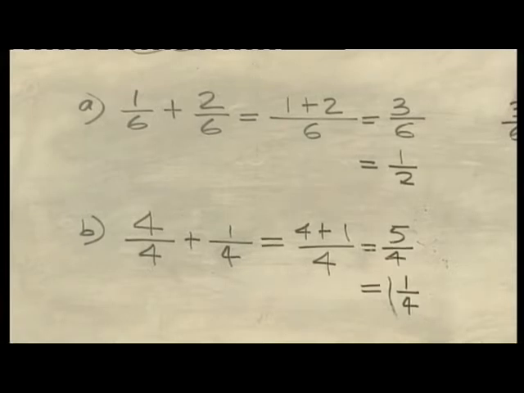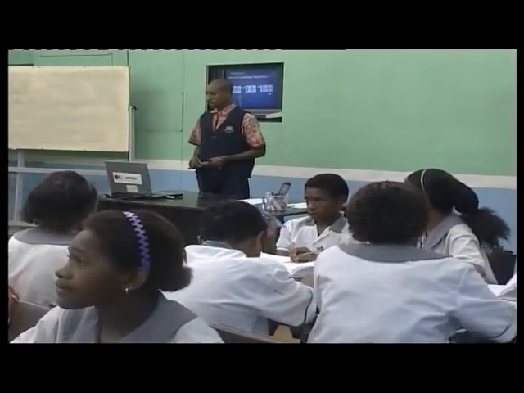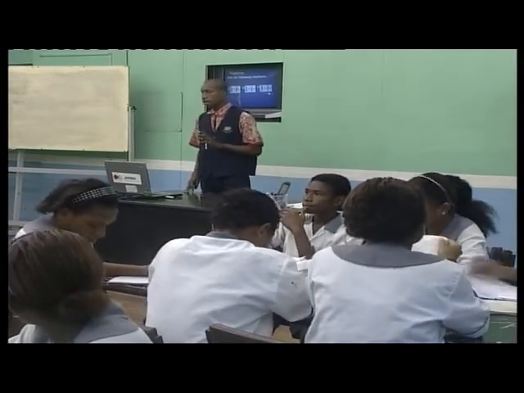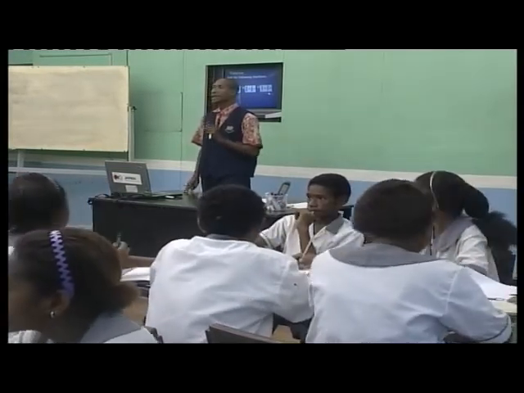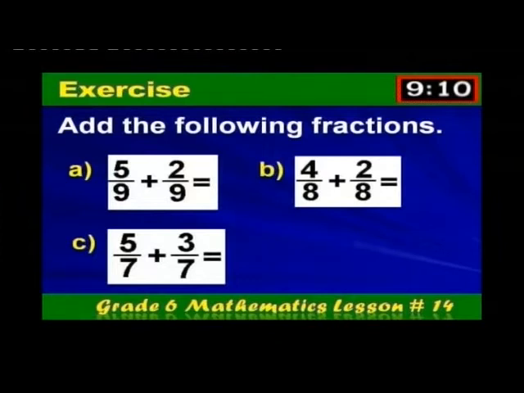Now let's move on to our exercise. Students, you have 3 exercises given. I would like you to do A and B, and C, you do it as your homework. So exercise A is 5 over 9 plus 2 over 9, and B, 4 over 8 plus 2 over 8.